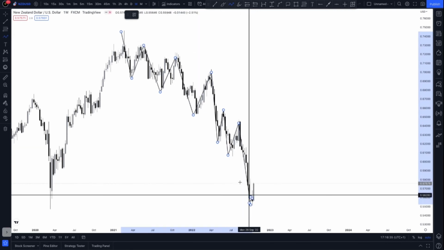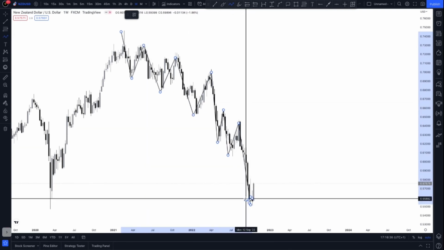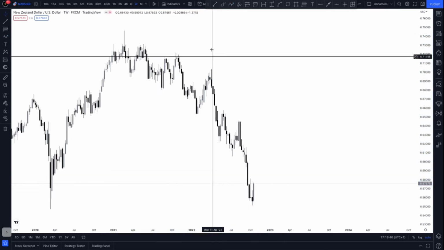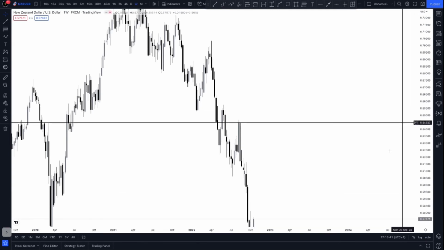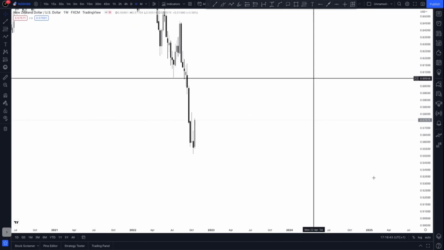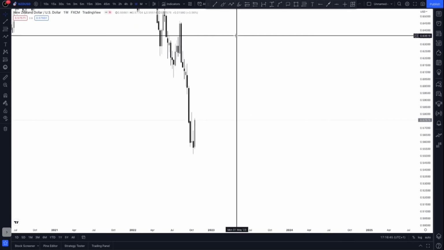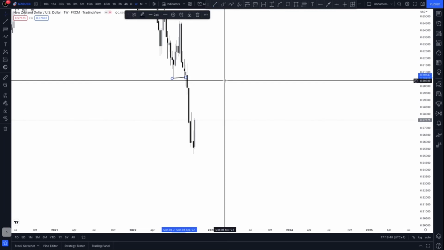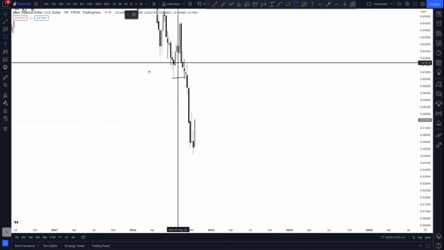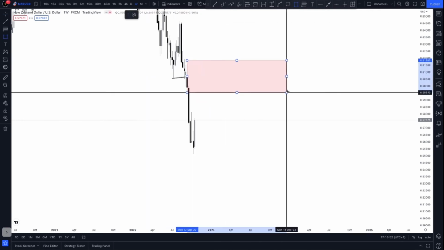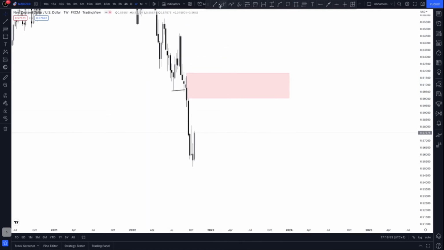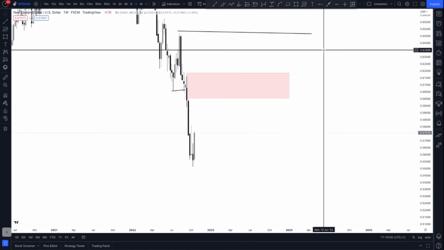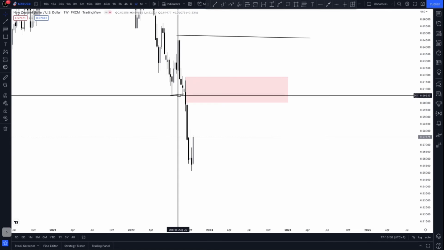So currently on our weekly time frame, we are still quite bearish as you clearly see the market is taking us through to the downside, and we have a break of structure at this point here, and we also have a supply zone at that level. So as long as we are still below this high here, we are still very bearish, and we are still below the supply zone.